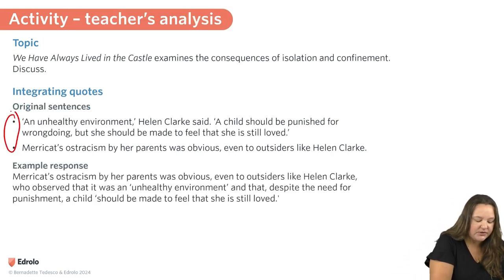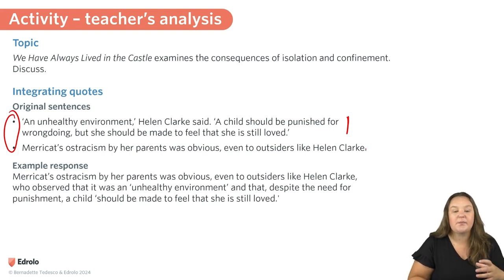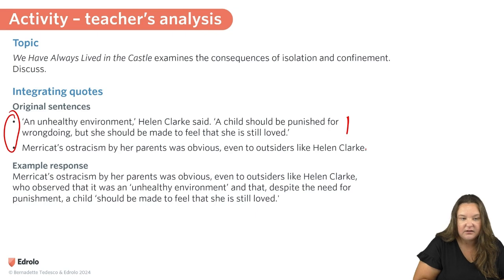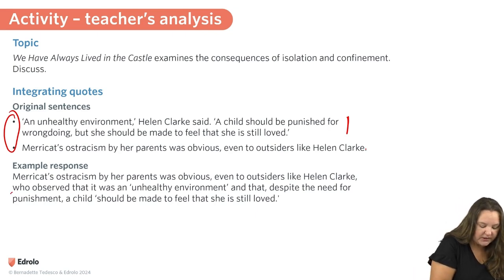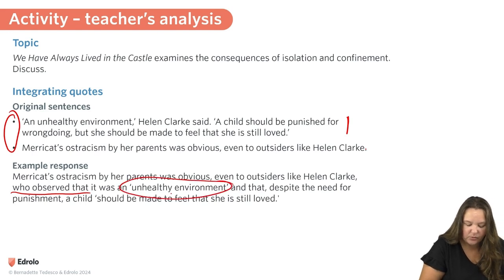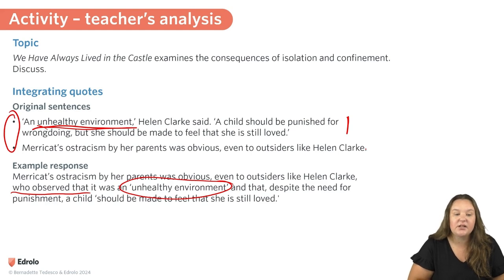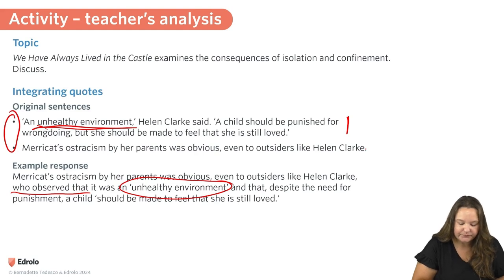Remember, these were our original sentences. We had the quote here and we had the statement. So I will start with the statement and think about where I can put substituting things in. Mary Cat's ostracism by her parents was obvious even to outsiders like Helen Clark, who observed that it was an unhealthy environment. So that's the part of the quote that is really key, that even Helen Clark thinks that the way Mary Cat was treated was not right.